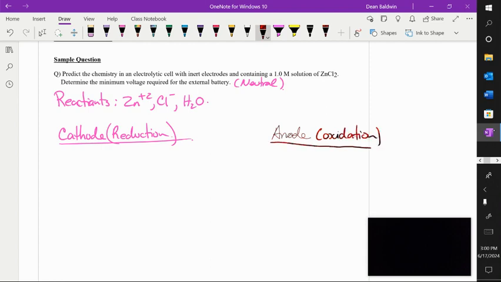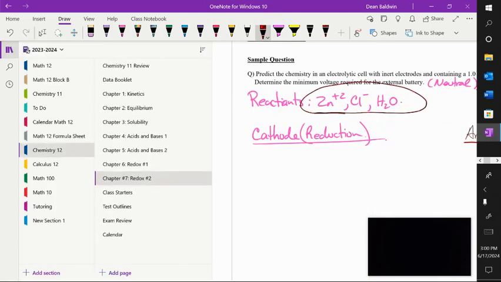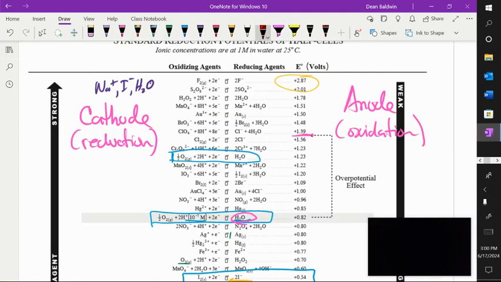When we're looking for the cathode, we look on the left side of the column, highest. And we're looking between these three things. Here we go.